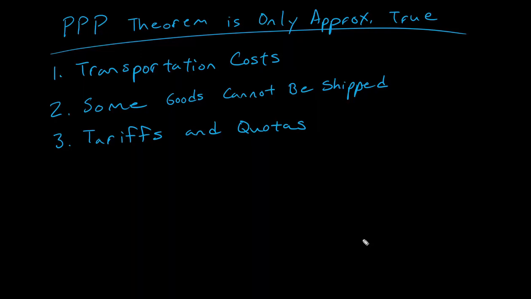Well, when we get into tariffs and quotas, that is very much getting rid of that free trade. We don't have free trade to begin with. That's one of the reasons that the purchasing power parity theorem is only approximately true as well. It's because we don't have free trade.